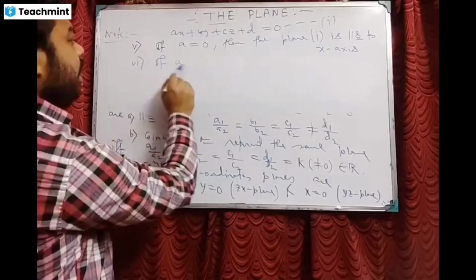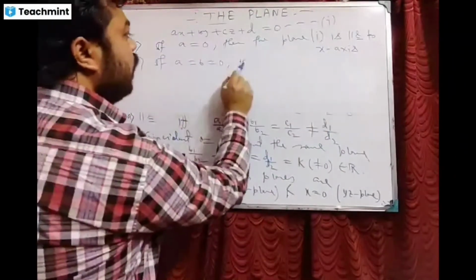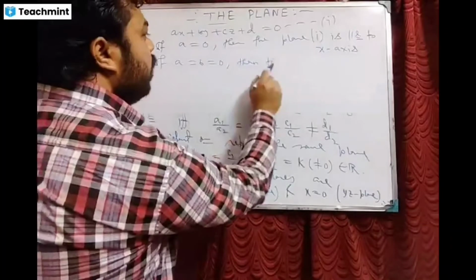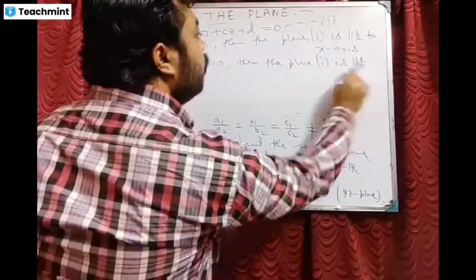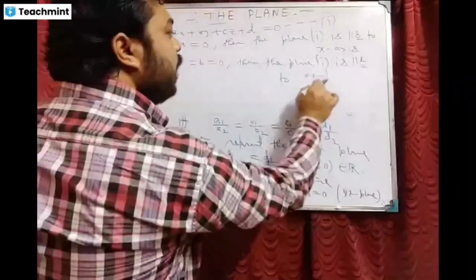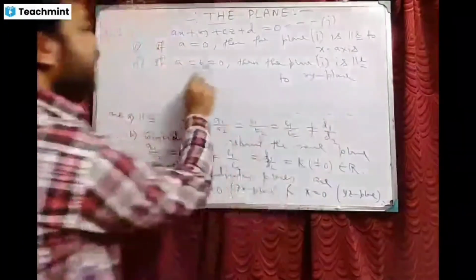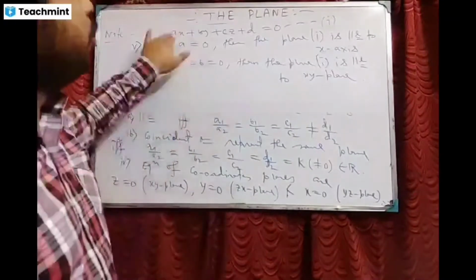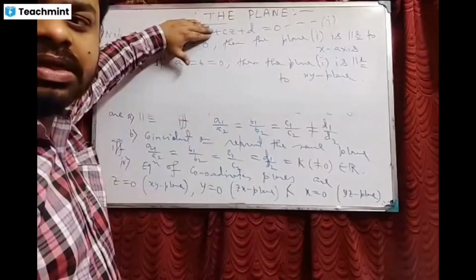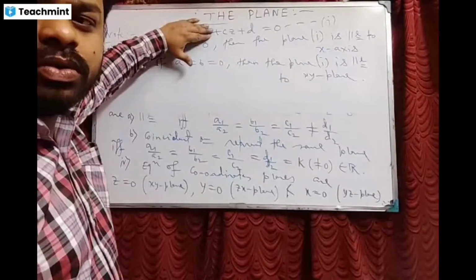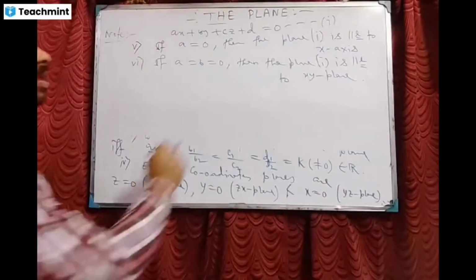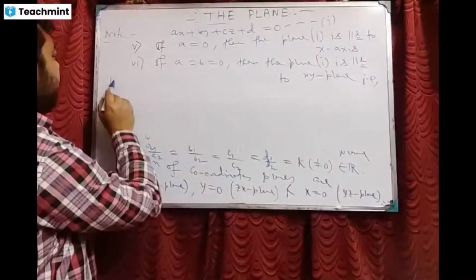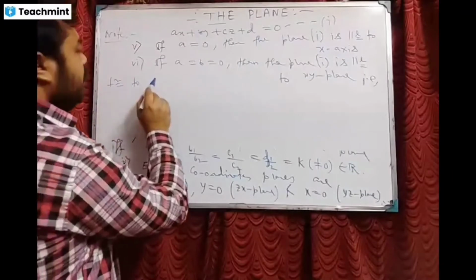If a equal to b equals 0, then the plane is parallel to xy plane, that is perpendicular to that axis.